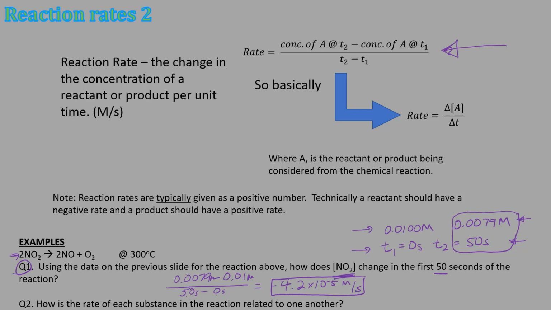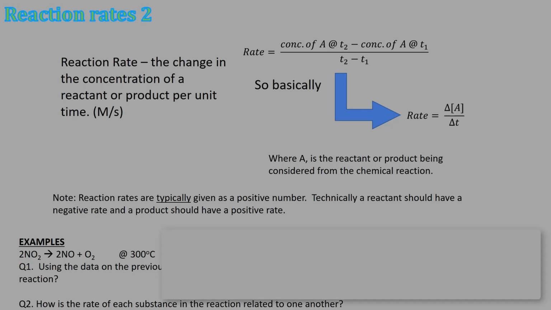I just want to reiterate the reason why we used NO2 is because it specifically asks for NO2, and the reason why we used those particular concentrations was because in the table those are the ones related to these times. It said the first 50 seconds, so that's from 0 to 50 seconds. If it was the second 50 seconds, we would go from 50 to 100. Or if it said from time 25 seconds to 100 seconds, we would use those values for time, and we would use those corresponding concentration values.